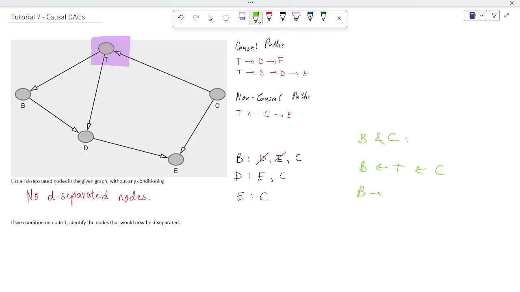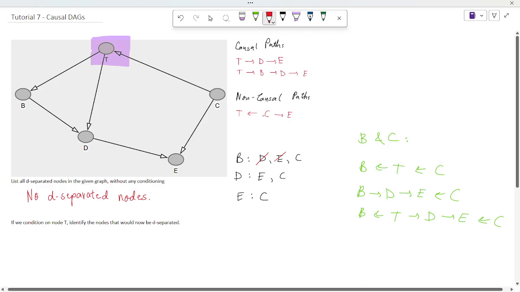So B goes to D, and then after D you have E, and then C. Let me see quickly if I'm missing something. Yeah, so it goes from T till D, and then E, and then C. I think these are all the paths. I don't think that I have missed anything.